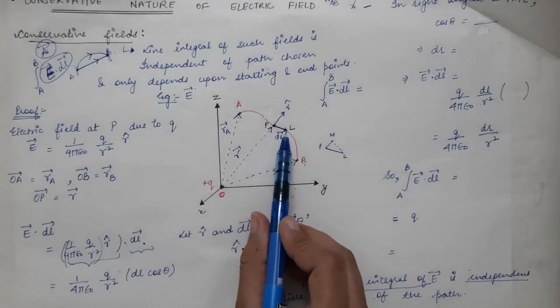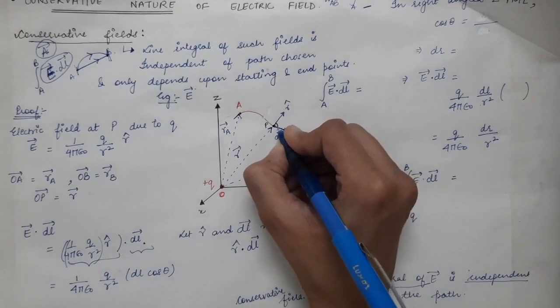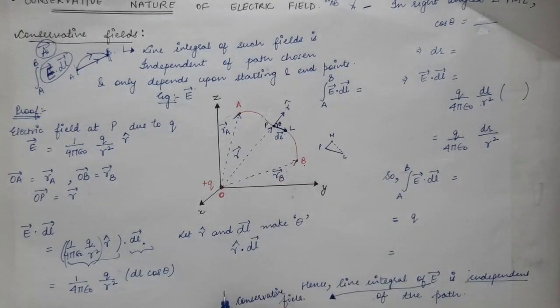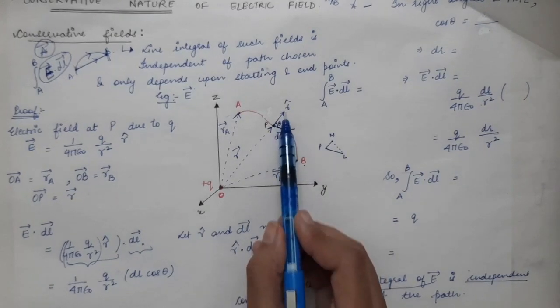Now this is the dl vector and this is the R cap. Let's say the angle between dl vector and R cap is theta. It can be any angle, 90 degree or 0 degree, but we are taking a random angle of dl vector with the R cap.